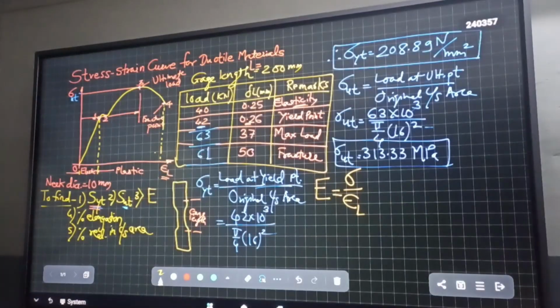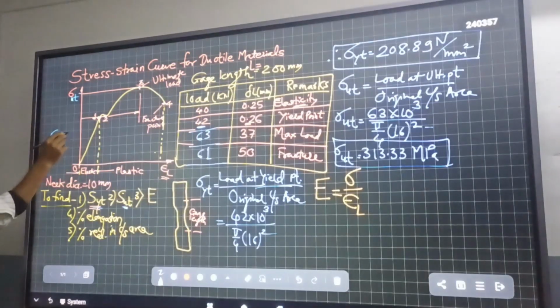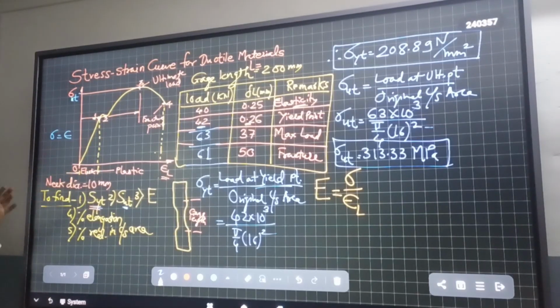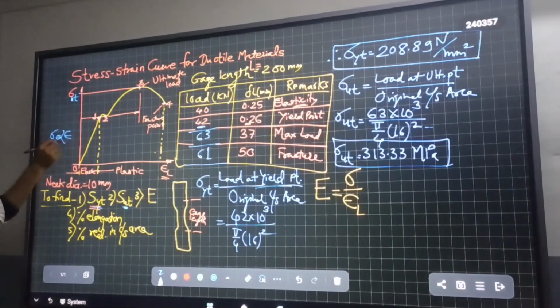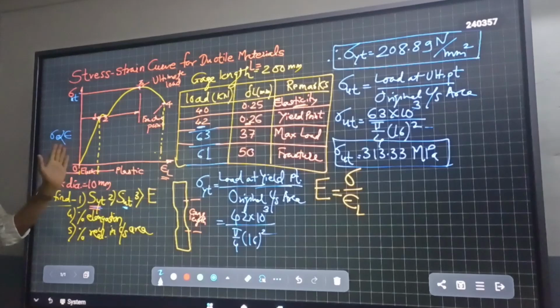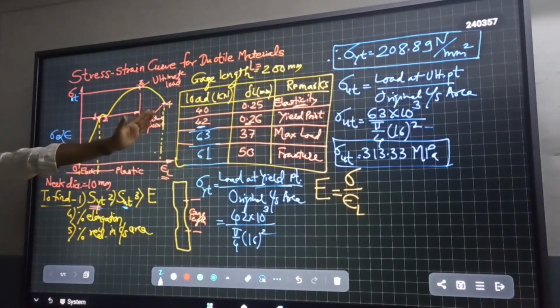Have you understood it or not? Hooke's law is applicable only in the elastic region. It means that stress is directly proportional to strain only in region 0 to 1, and hence you can find the stress value and strain value only in region 0 to 1. You cannot use any other value after point 1. Is it clear?